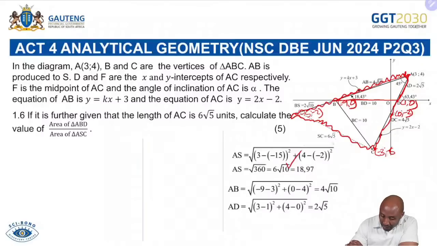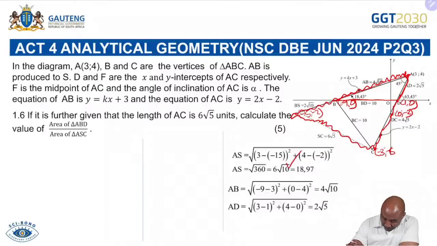Our SC is given as 6 root 5. We are able to see that one there. And our AB, as you can see, it's going to be 4 root 10. And the length of BS is going to be that. And the length of our AD is 4 root 10.